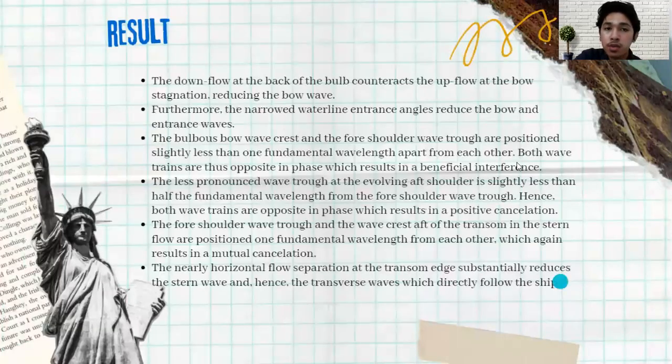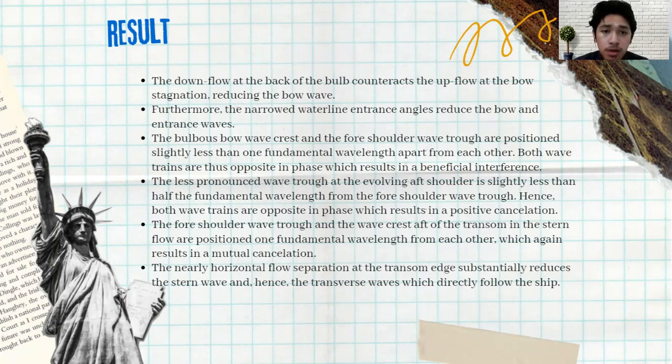The result that we get from this optimization is that the downflow at the back of the bulb counteracts the upflow at the bow stagnation, reducing the bow wave. Furthermore, the narrow waterline entrance angles reduce the bow and the entrance wave.